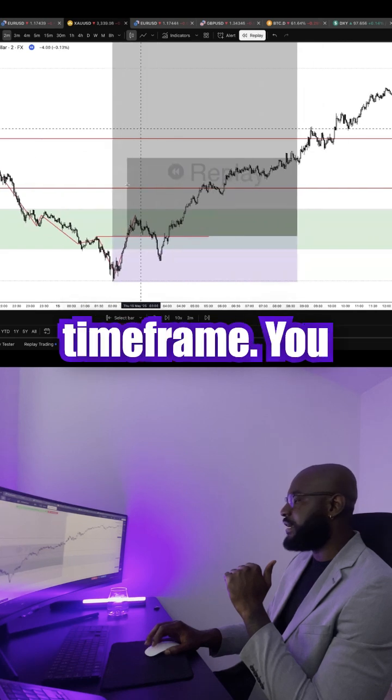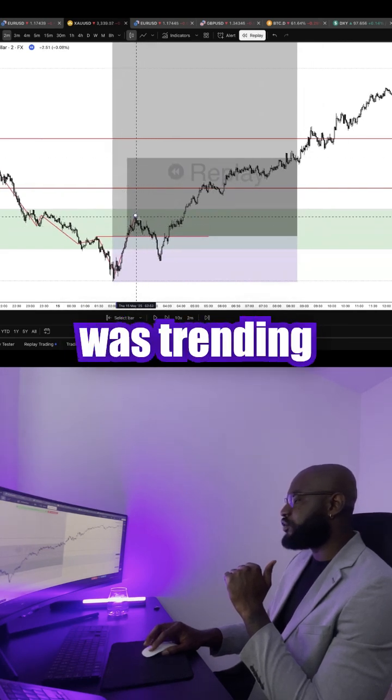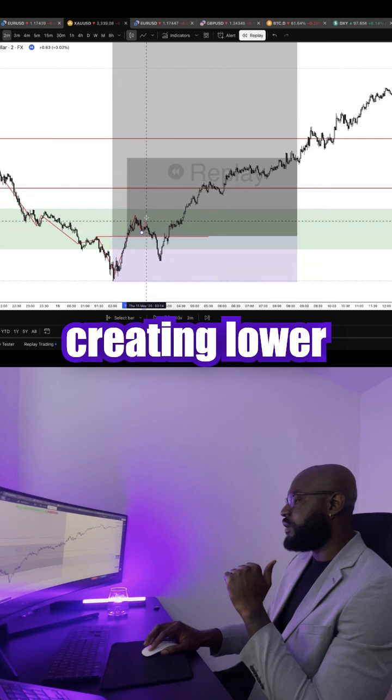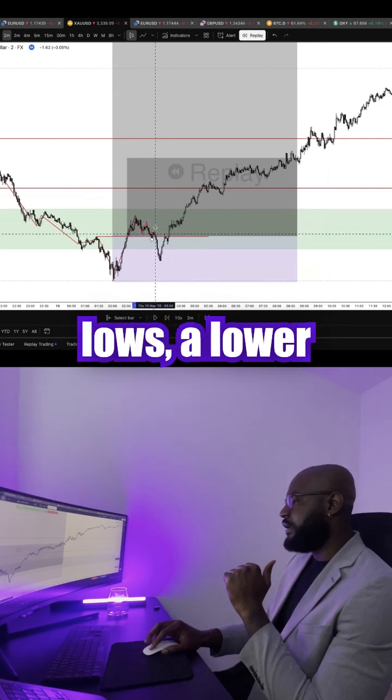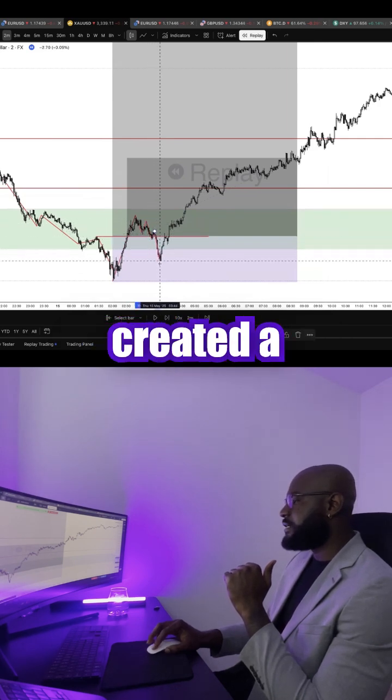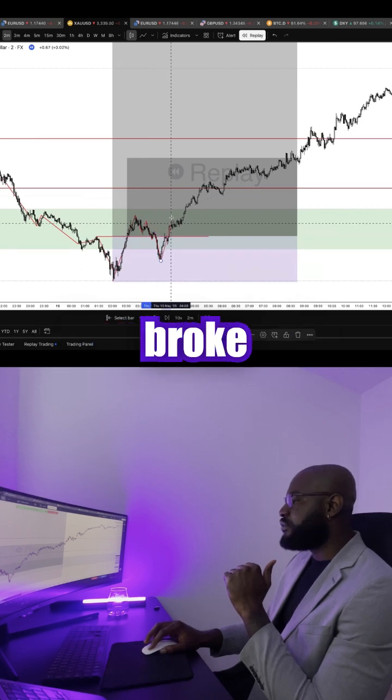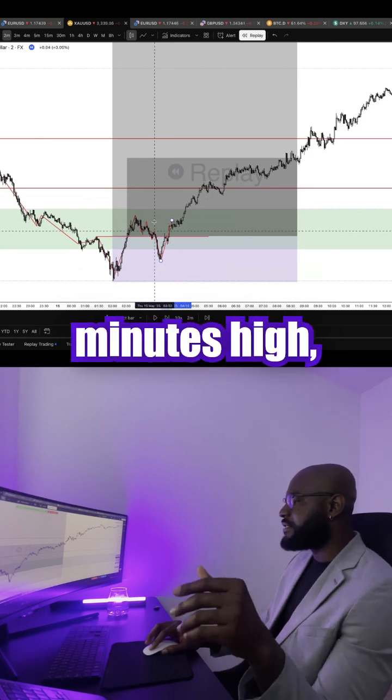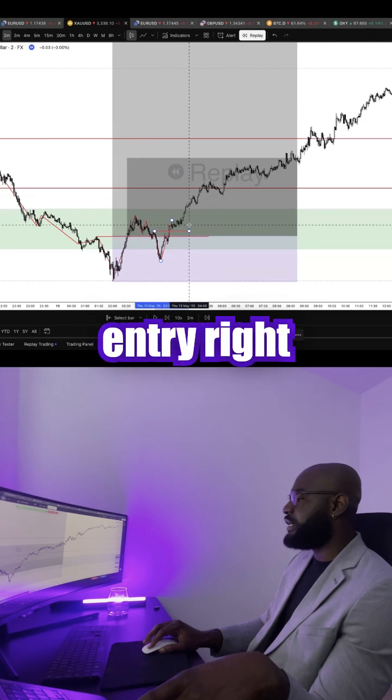So on 2 minutes time frame, you can see that this market was trending to the downside, creating lower highs, lower lows, a lower high, and then right here created a lower low. The moment it broke structure above that 2 minutes high, I'm looking for another entry right there.